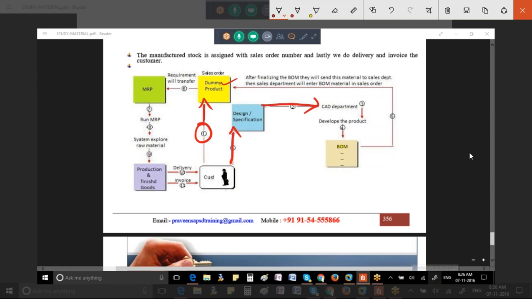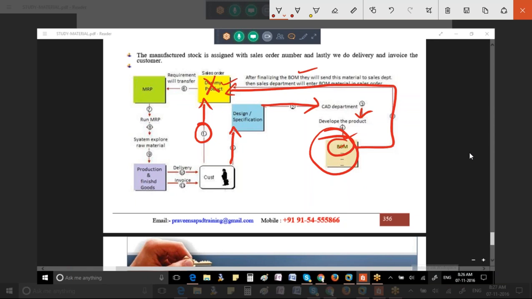The CAD department will develop the product and the BOM, because this product is a grouping of a lot of different materials. Then they send these details to the sales team, and you replace the dummy product with this BOM material. After finalizing the BOM, what do we do?